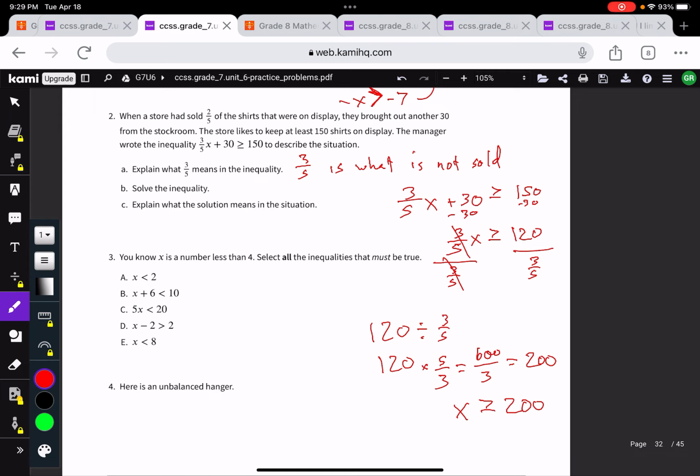Oh, that means at the time there were 200 or more shirts on display. When a store had sold 2/5 of the shirts, there were roughly 200 or more.